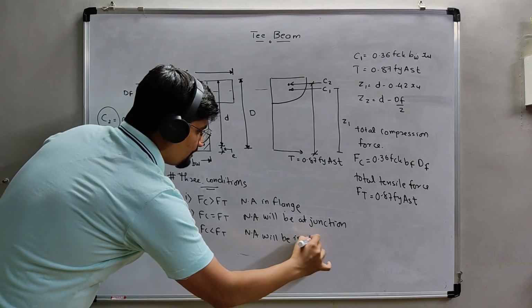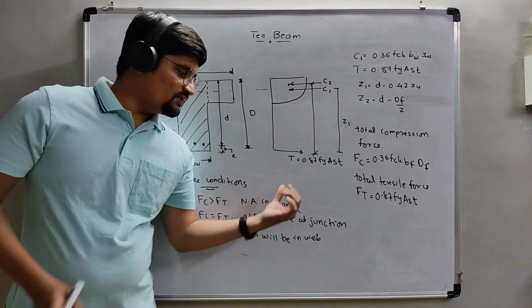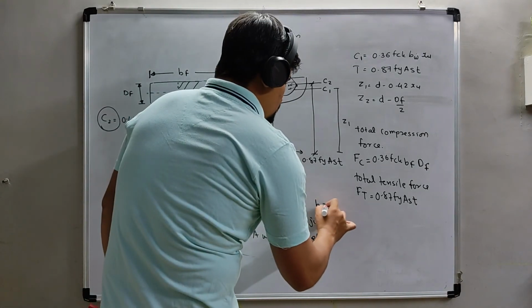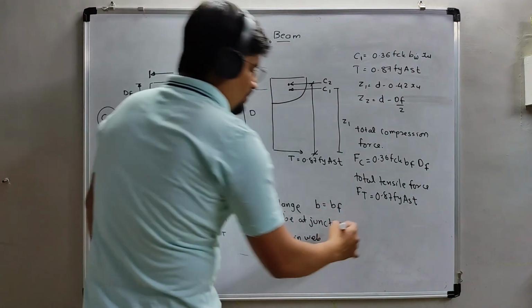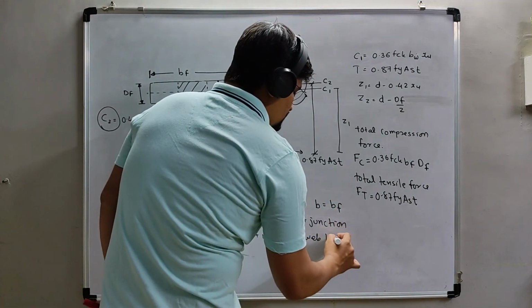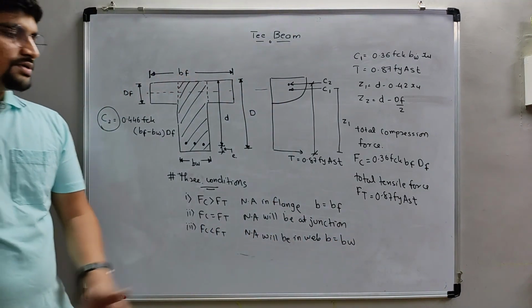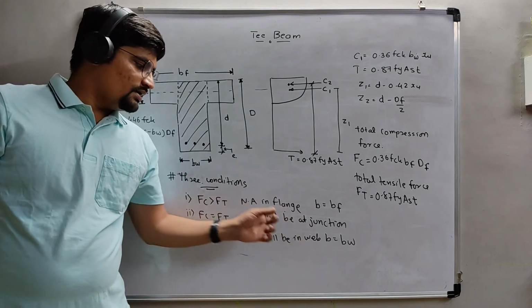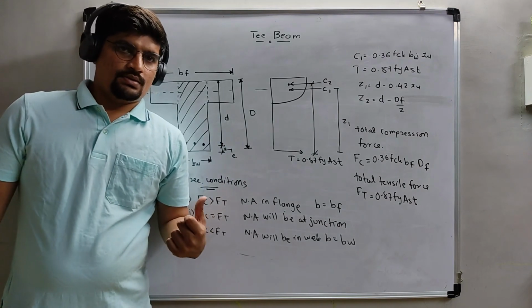the web portion, meaning here. So if it is in the flange, then we will consider b equal to bf. If it is in the web or junction, b is equal to bw. Okay, the most possibility is of these two only. The condition Fc equal to Ft will never come.